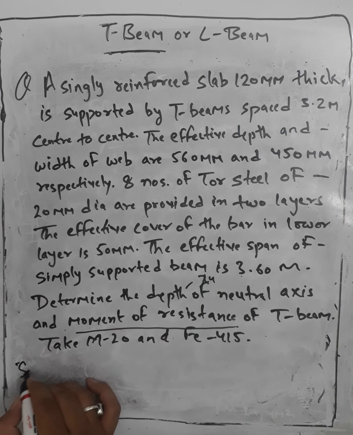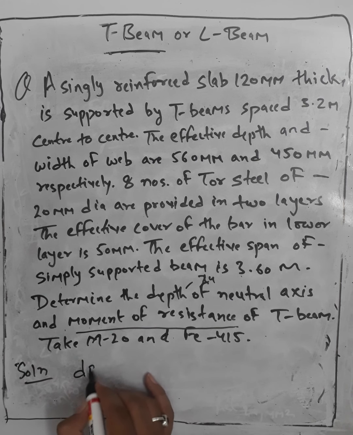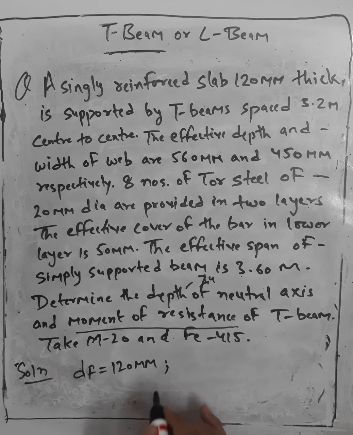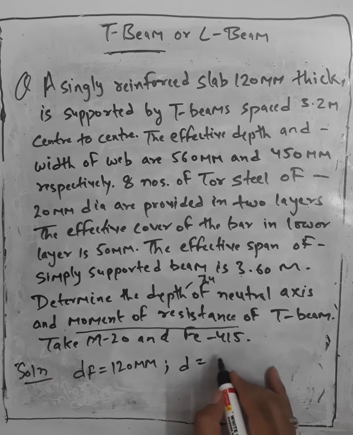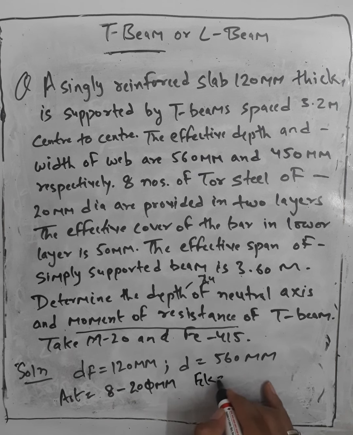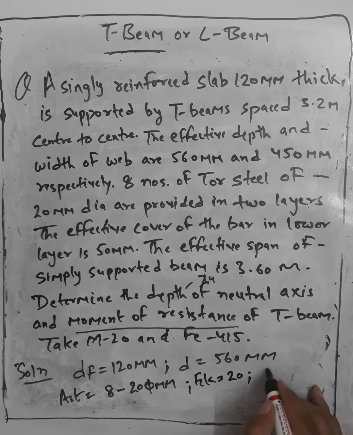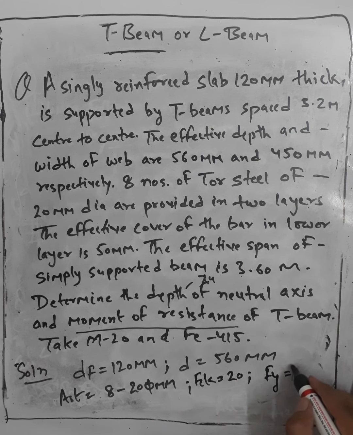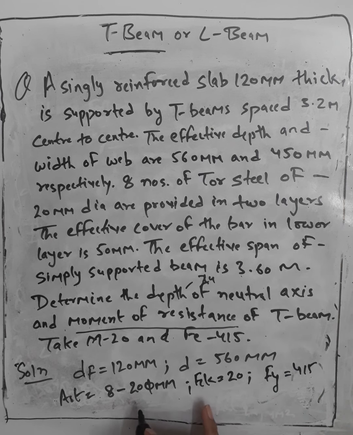So in this question we have given DF is equal to 120 mm, small d is equal to 560 mm, AST is equal to 8 bars of 20 mm dia, FCK is equal to 20 and Fy is equal to 415, and L naught is equal to 3.60 meter. These values we have given in our problem.